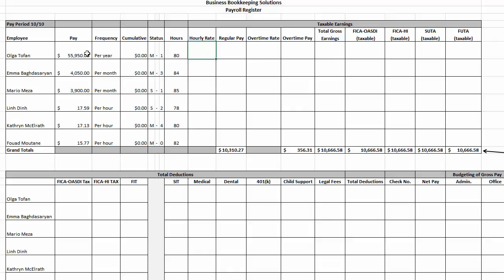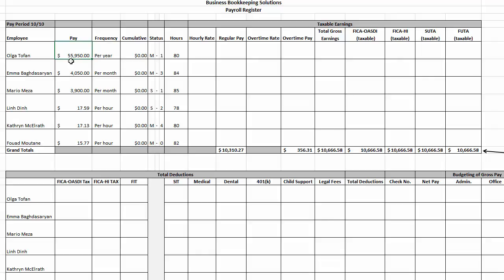So notice her contract says she's going to get paid $55,950 per year. So we have to figure out what this $55,950 a year is per hour. So we're going to take 55,950 and divide by the number of working hours in a year.